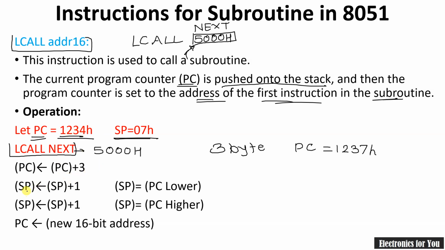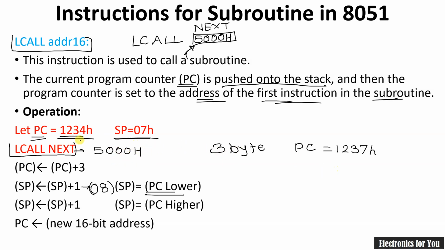Now the stack pointer, which was previously 07H, is incremented by 1, so it will be 08H. As written here, the program counter is pushed onto the stack. Now the current value of the stack pointer is 08H, and at 08H we will have the PC lower value.